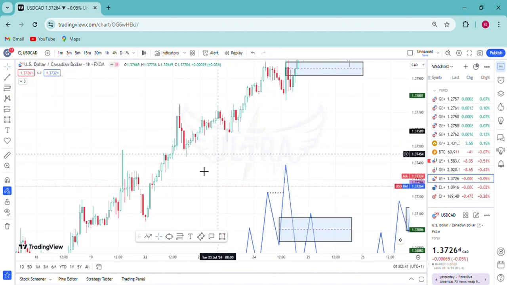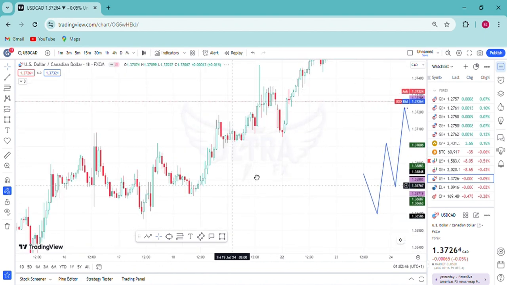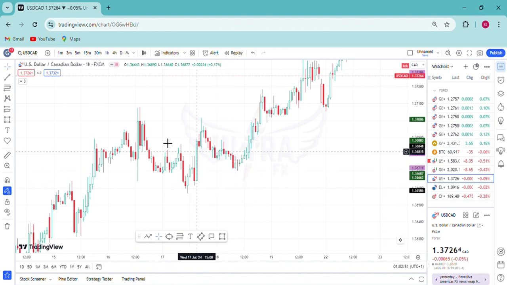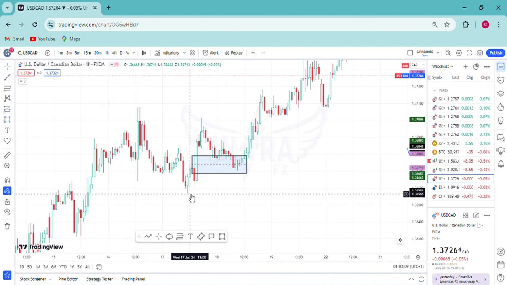So let's look for more mitigation blocks. Okay, so we can see this as our mitigation block because price tapped into it. This is a block, and what can we see prior to the block?